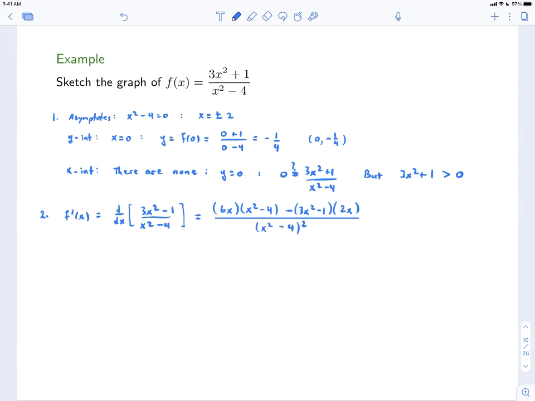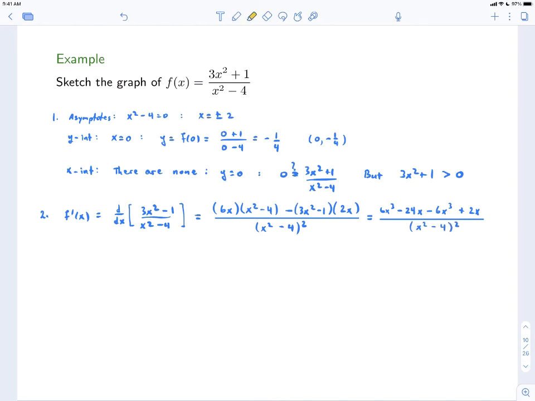So now we simplify this, or at least the numerator. So we'll have 6x cubed minus 6 times 4 is 24x, and then we're going to have a minus 6x cubed, and then plus 2x. And all of this is divided by x squared minus 4 quantity squared.